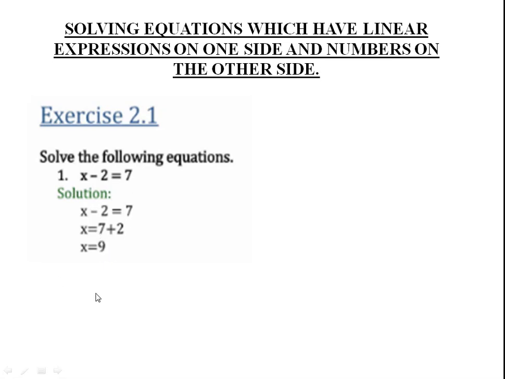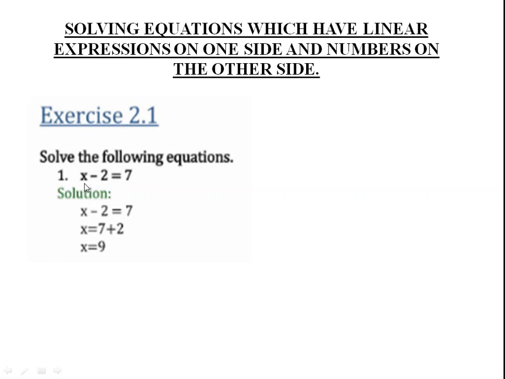9 is the solution of this equation. What is a solution? A solution of an equation is the value which makes the two sides of the equation equal. Clear? Only if we put x equal to 9, 9 minus 2 equal to 7.